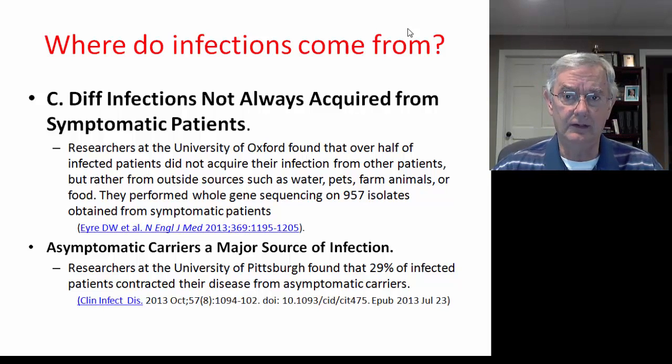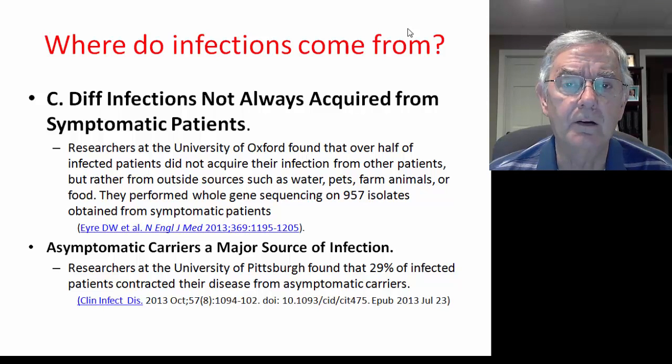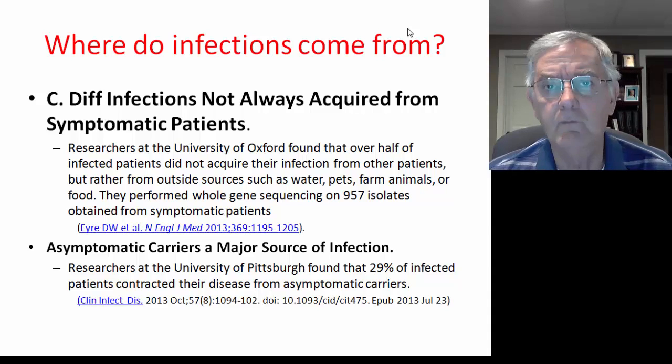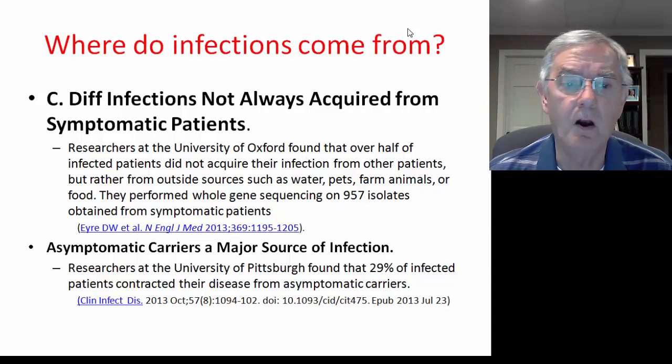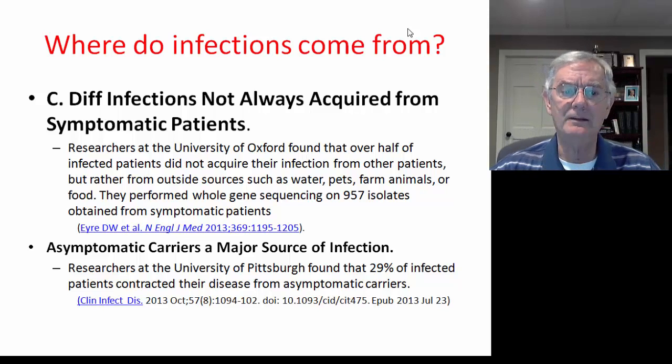Researchers at the University of Oxford found that over half of their patients got their sources of organisms from water, from pets, from farm animals, or food. And they proved this by performing gene sequencing on almost 1,000 isolates obtained from symptomatic patients.